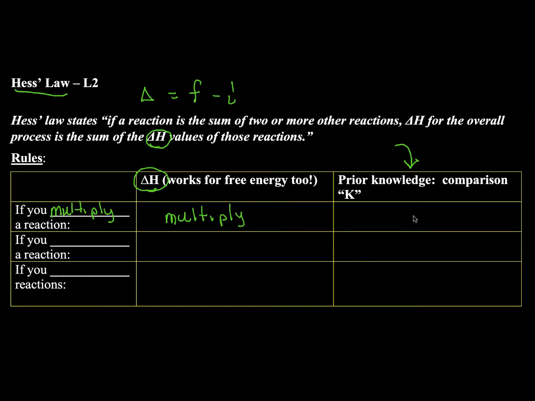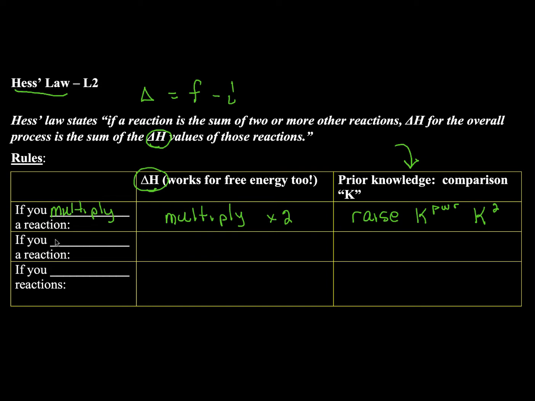Had it been an equilibrium constant, what we do is we raise K to that power. So you raise the old K to the power of whatever factor you're multiplying by. Okay, so for example, if I multiply by 2, then my new K would be my old K squared.